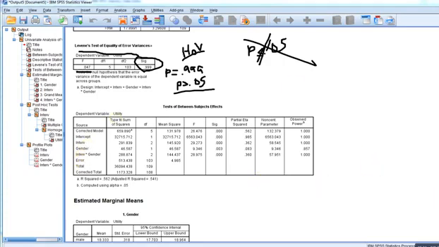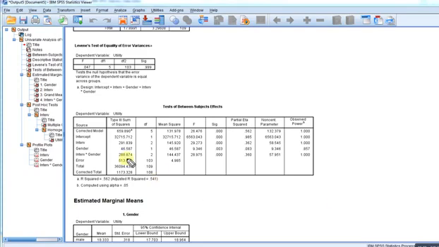So moving down, you can see that we now have three effects. We have intervention, gender, and then the intervention by gender interaction effect. For each of these effects you have sums of squares and degrees of freedom associated with them.